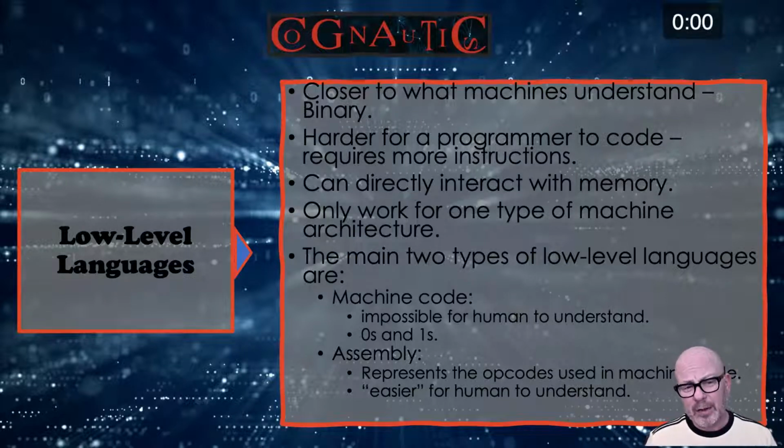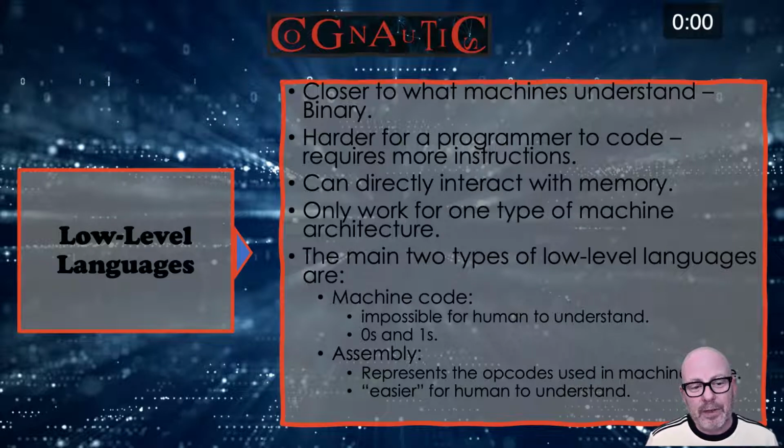Now let's look at low-level languages. Low-level languages are closer to what machines understand. Again, it's that word understand. We know that the CPU can only understand binary. Everything that the CPU actually does has to be in binary. Anything that goes into the CPU has to be in binary, and machine code is binary.